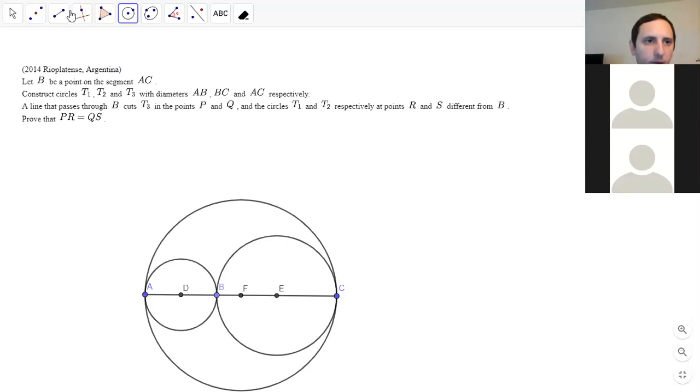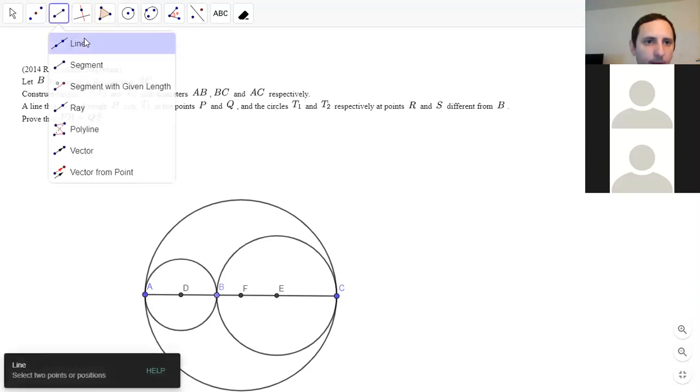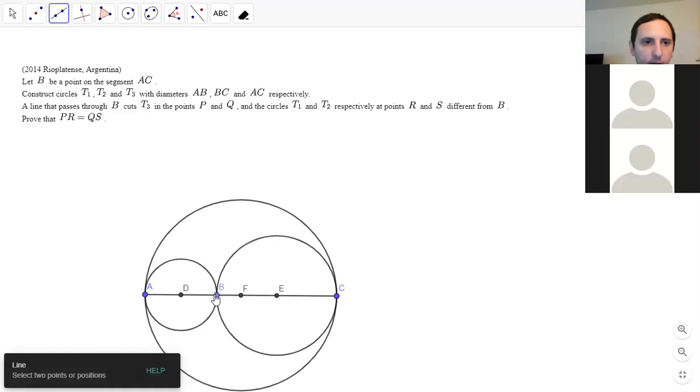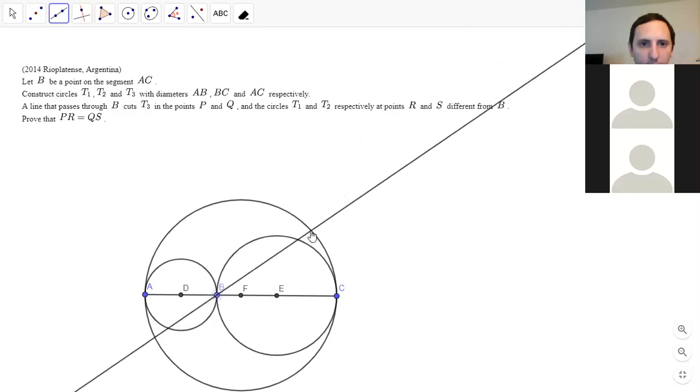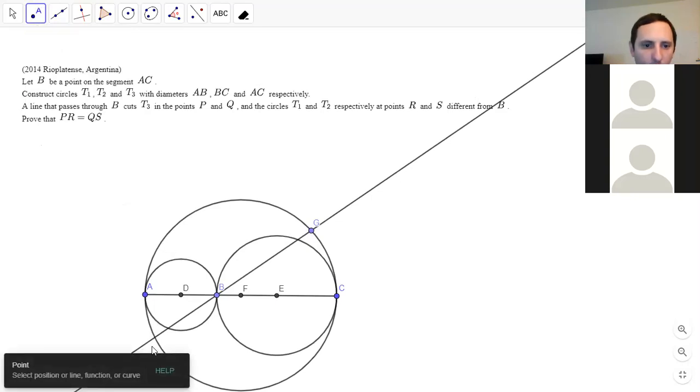The line through B cuts T3, the big circle, at points P and Q, and the circles at R and S.